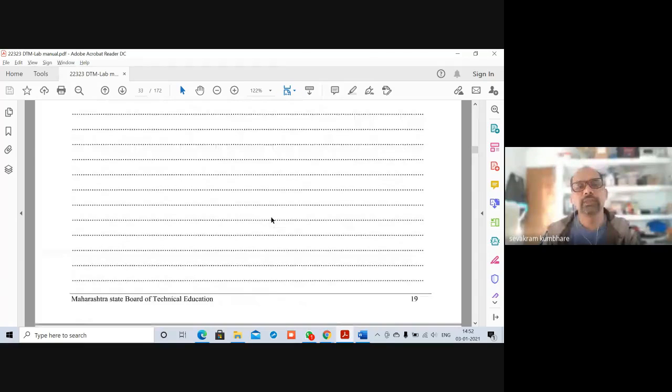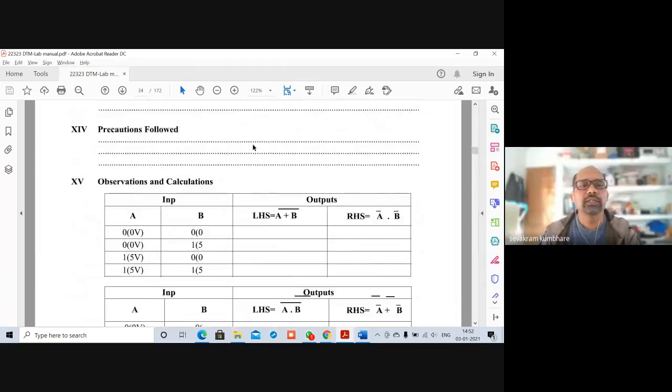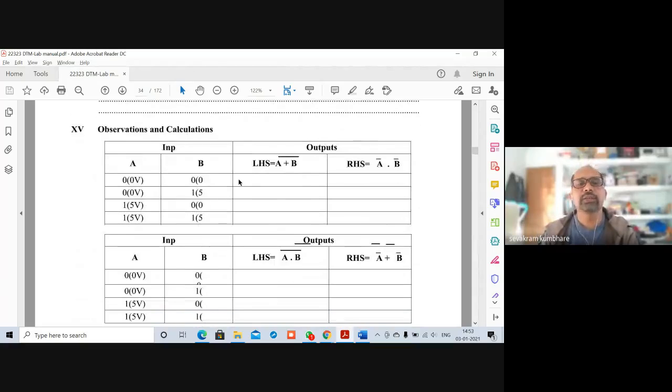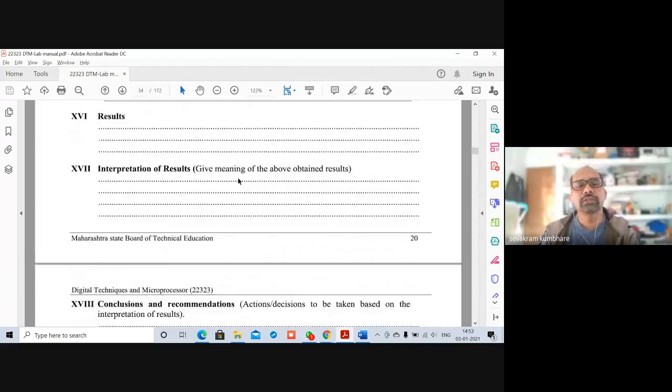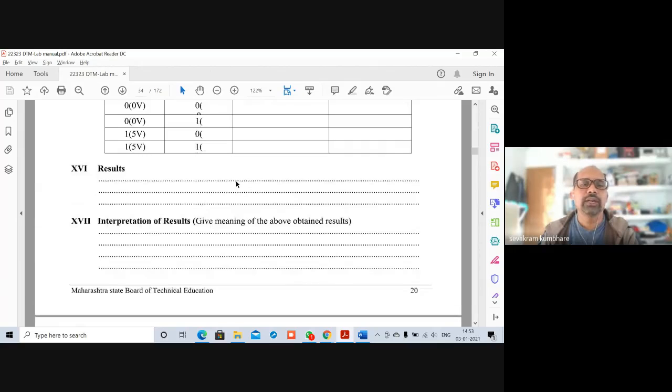Resources used, just now we have seen. Precaution followed: make the connections proper, in appropriate manner. This precaution you can say. This observation and calculation just now we have seen. Result: hence we have verified first and second De Morgan's theorem, and we found that LHS is equal to RHS.